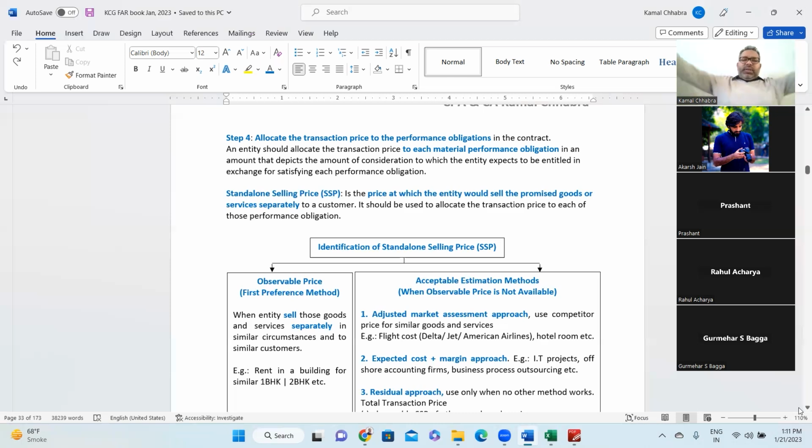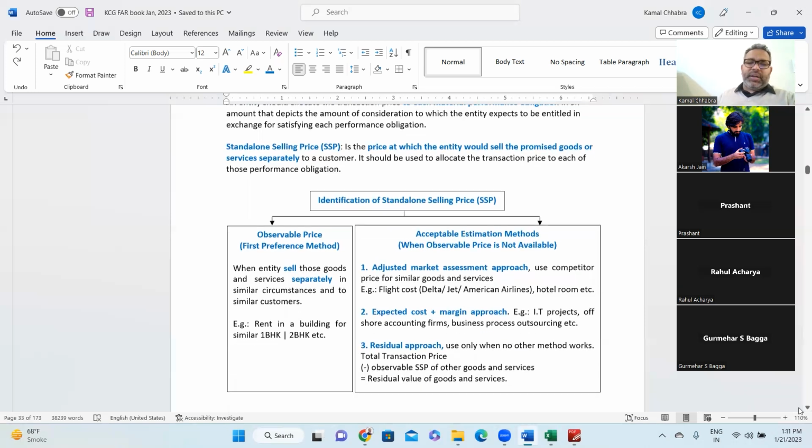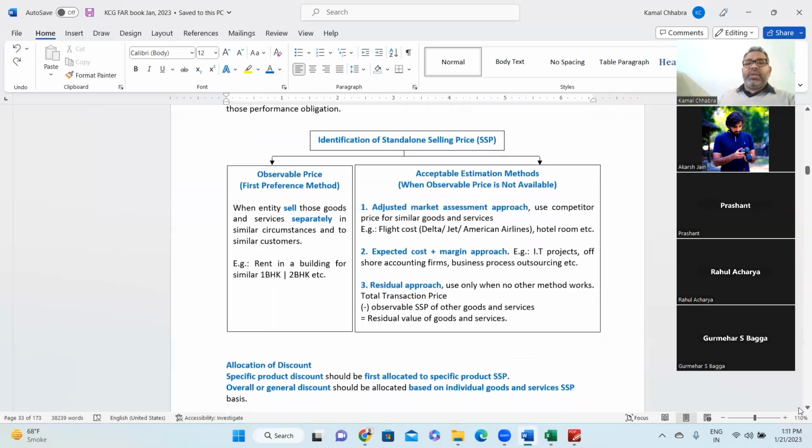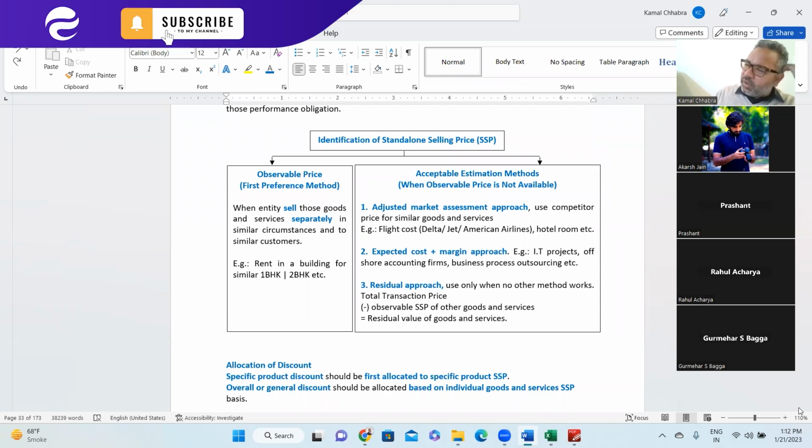Let's first understand the observable price method, which you can say is a preferred method, right? So when entities sell those goods and services separately in similar circumstances and to a similar customer, what amount do they charge, right? For example, you have a residential building in which you have 1 BHK apartments or 2 BHK apartments, right?